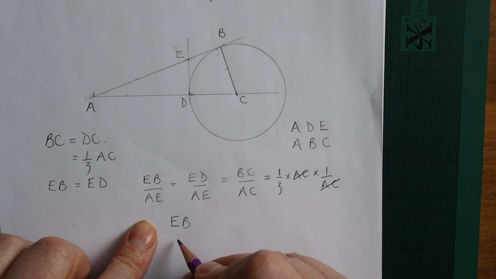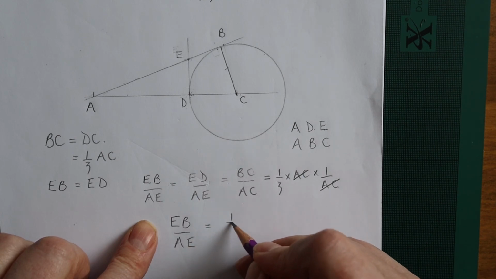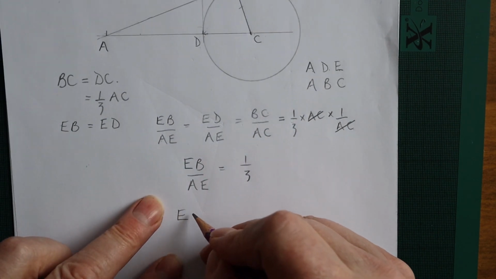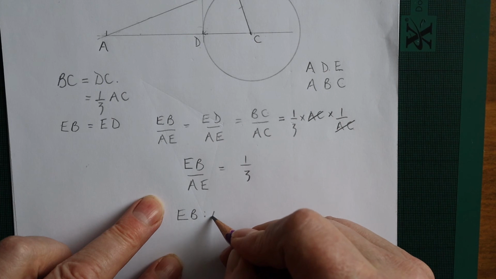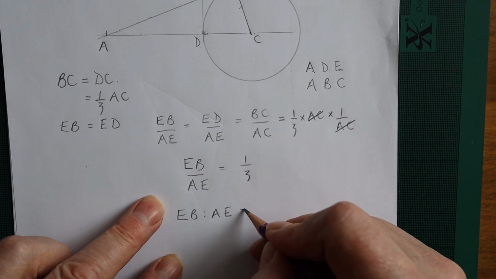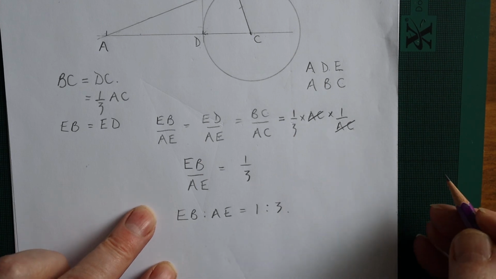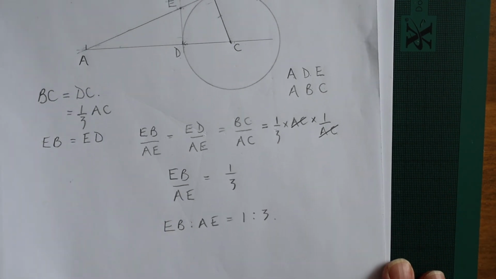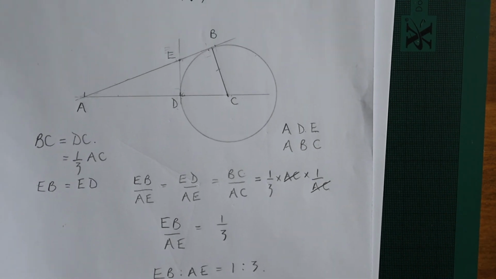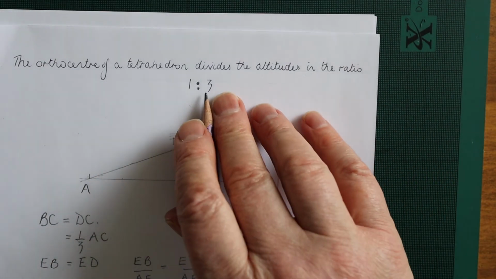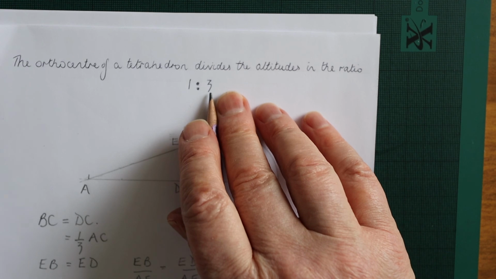EB over AE is equal to 1 over 3, which tells us that the ratio is EB to AE in letters and 1 to 3 in numbers. So that's proved what we wish to prove at the beginning, that the orthocentre of a tetrahedron divides the altitudes in the ratio 1 to 3.